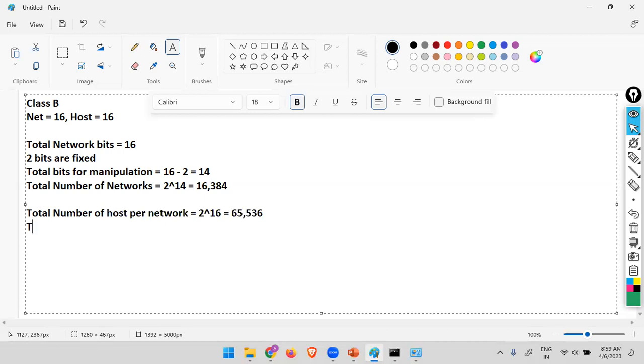No. So we'll say the first IP and the last IP are reserved. So total usable IP addresses equals 2 raised to power 16 minus 2. That will be 65,534. Okay.